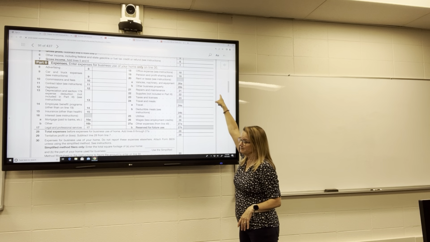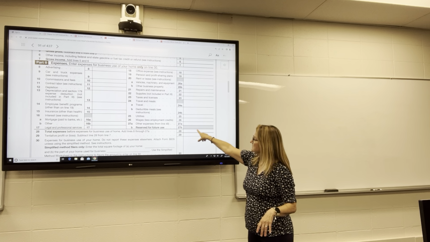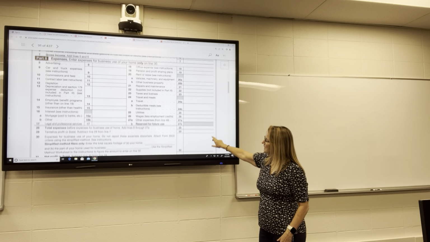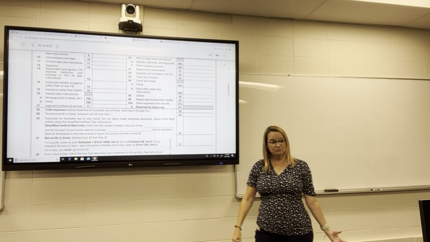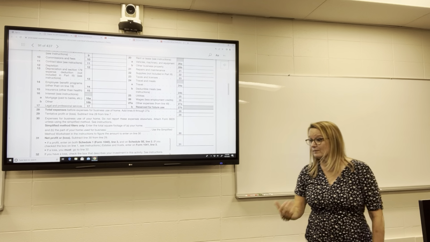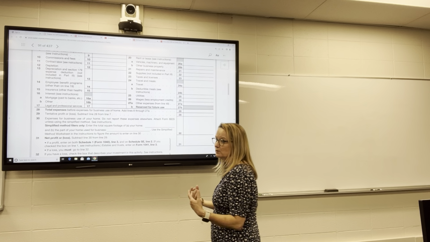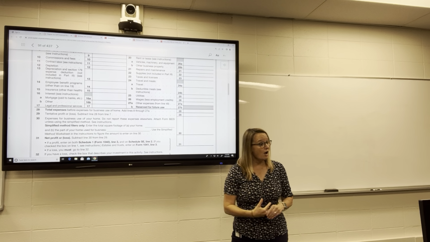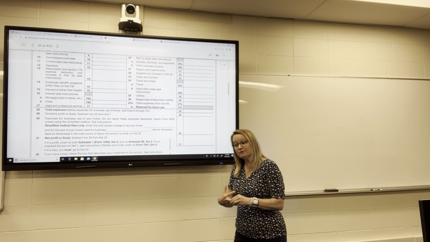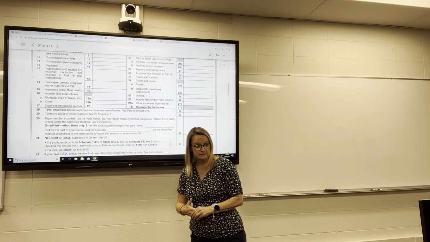So we have our income up here, minus all of our expenses, which are totaled here. We arrive at our tentative profit or loss. We might have a loss. If our expenses exceed our income, then we have a loss. And that loss could offset other income on your tax return.